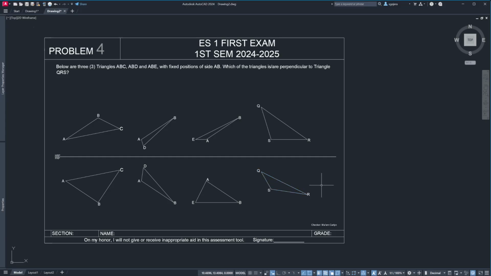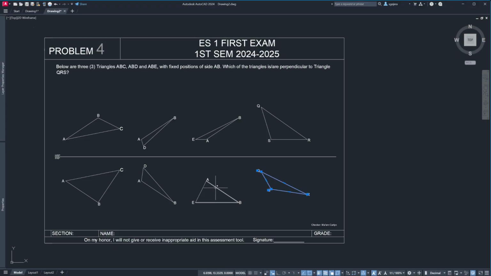That makes sense, no? Kasi again, ang logic is kung totoong truly perpendicular sila, then there must be a line here that is truly perpendicular to an infinite number of lines. And that infinite number of lines, if you just take any random line that is part of QRS, then surely you can find a line that is truly perpendicular to that random line na pinili natin dito, if and only if they are truly perpendicular.